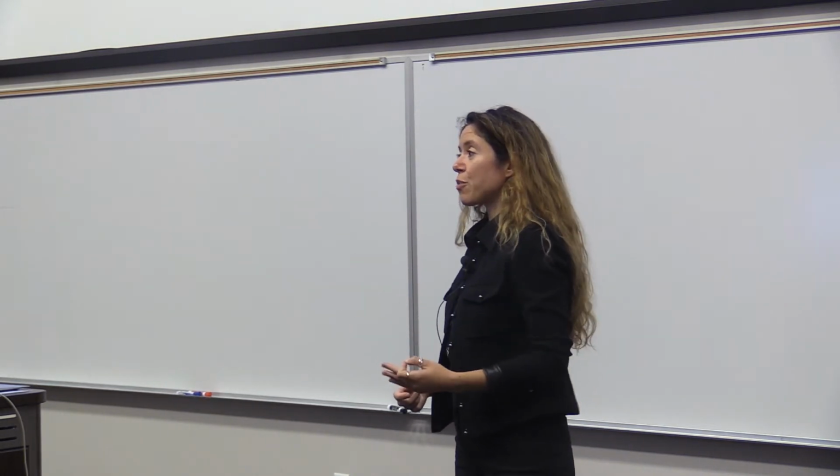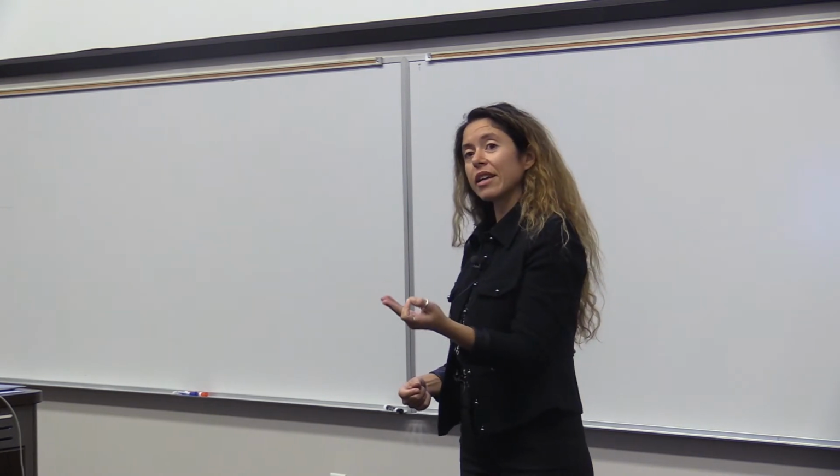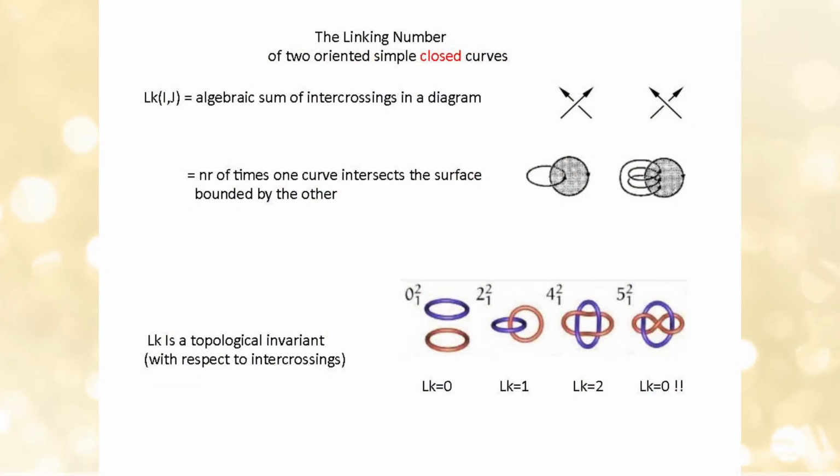It turns out this number is, for closed curves, a topological invariant. That means it does not change as long as you don't allow the curves to cross through each other, okay? So it also measures the number of times one curve turns around the other. This is the physical meaning of the algorithm that I described with projecting on a plane. It measures how many times one curve goes around the other.